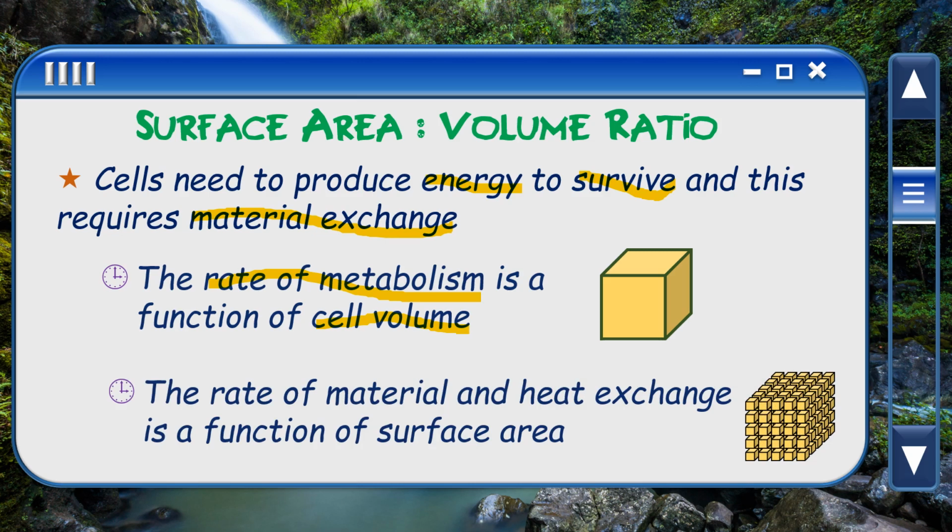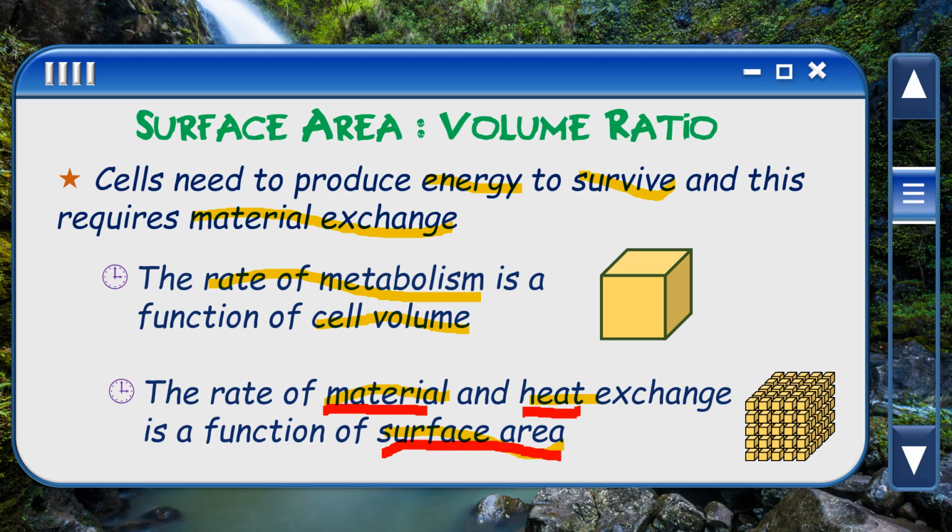Therefore, the rate of material and heat exchange is a function of the surface area. Here what we are saying is that the rate at which materials and heat are going to be exchanged in and out of the cell is going to depend on the surface area of the cell.